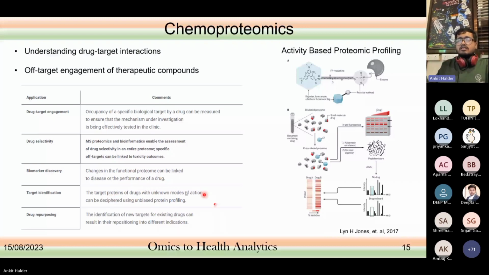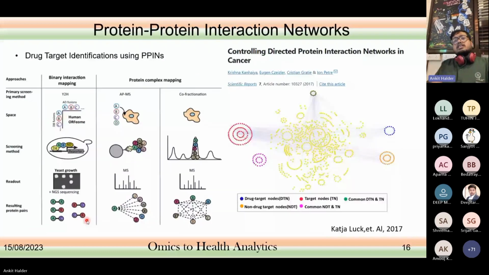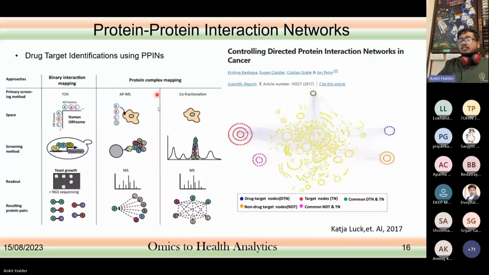So we can always try to find out those proteins. And then there's the concept of drug repurposing. Also, protein interactions help us understand the different roles of particular proteins.